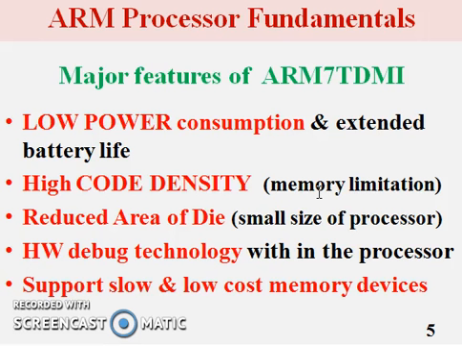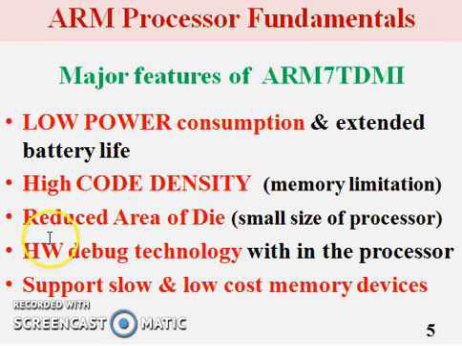So if the processor code density is high, we can fit a large program into a small memory, and ARM processor has this feature. It has a high code density, hence a large program can fit into the small constraint of the memory, and this is one of the important features of this ARM7.